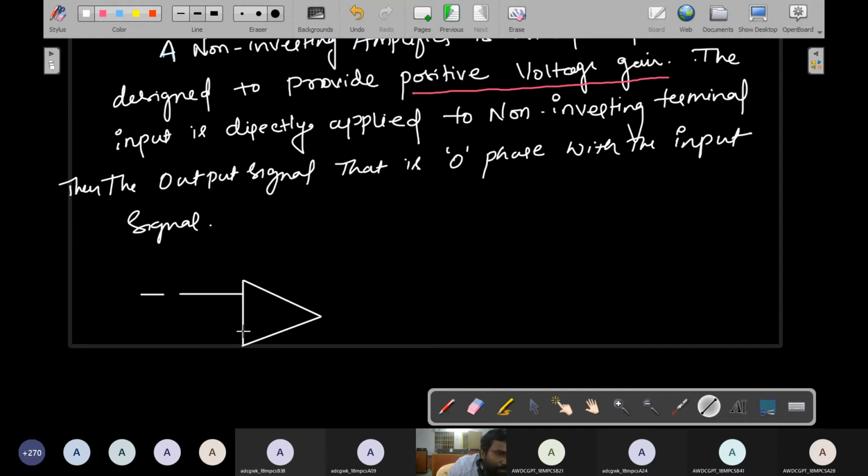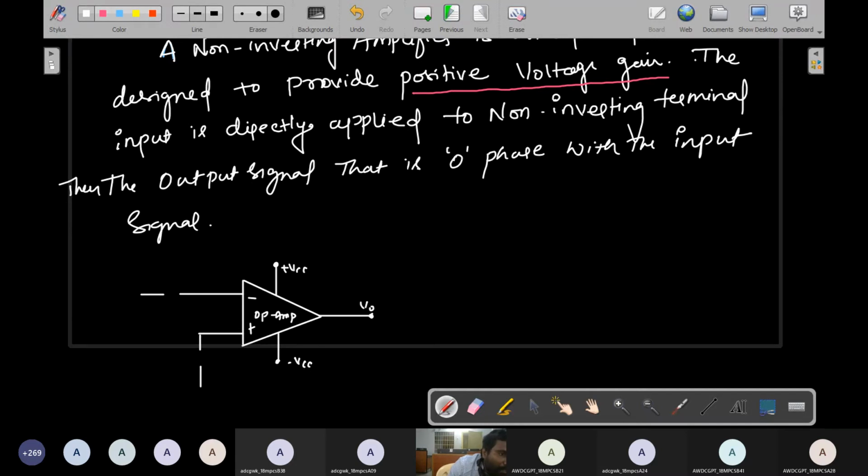This is the negative and this is the positive terminal. This is the power supply and this is the output voltage. This is the power supply plus VCC and this is the power supply minus VCC, because a dual supply is necessary to operate this operational amplifier. This is called an op amp, and this is the output voltage.